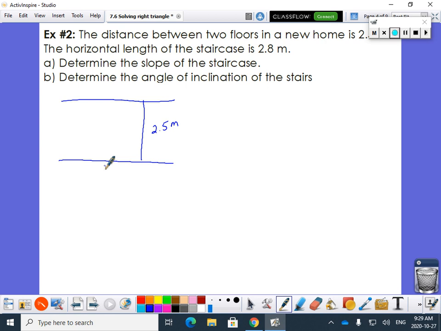Then it says the horizontal length of the staircase is 2.8. I know we still have to draw our staircase in, but it's saying the horizontal length. So that looks like this. That does not look like this, right? This is like a diagonal. This would be our hypotenuse. So the horizontal length of the staircase is 2.8 meters. So I'm going to put 2.8.